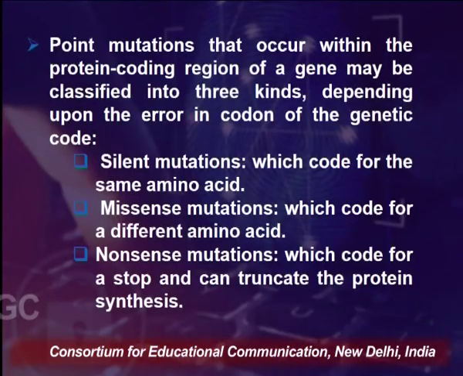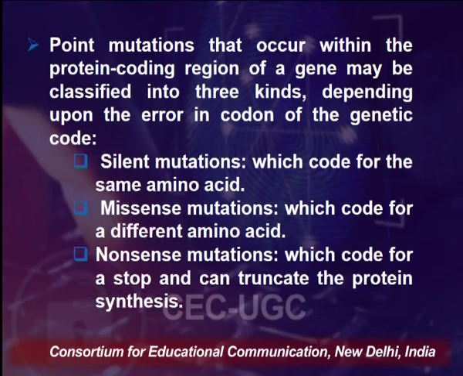So, it could happen in a way where, depending upon the error in the codon of the genetic code, that change might lead to nothing, then it is called a silent mutation, that it codes for the same amino acid.